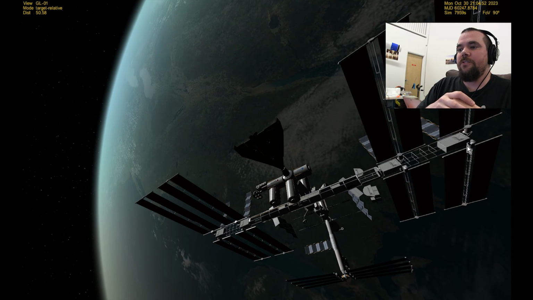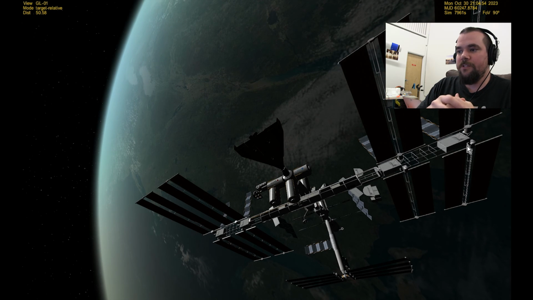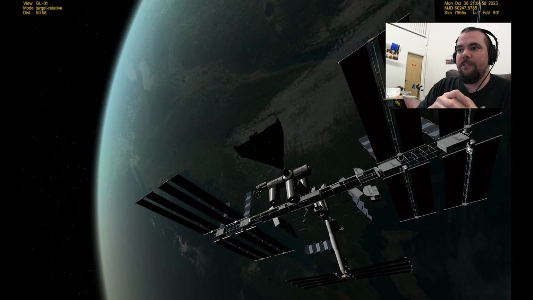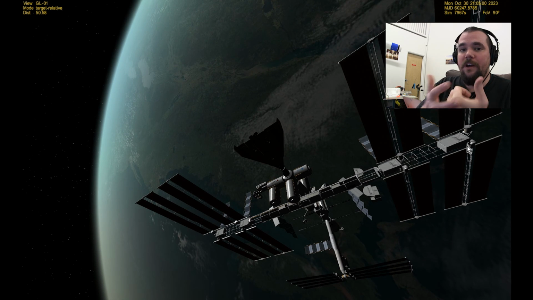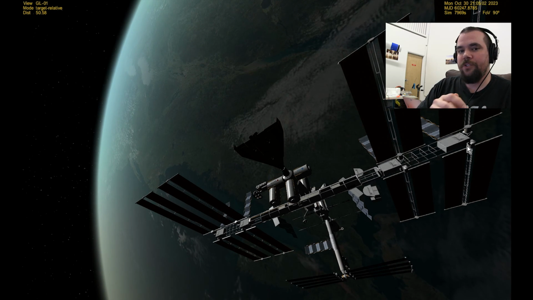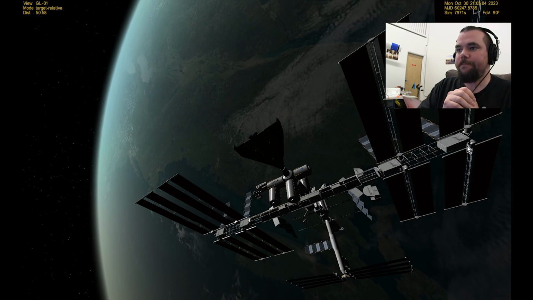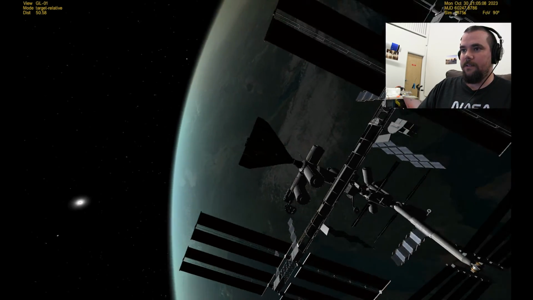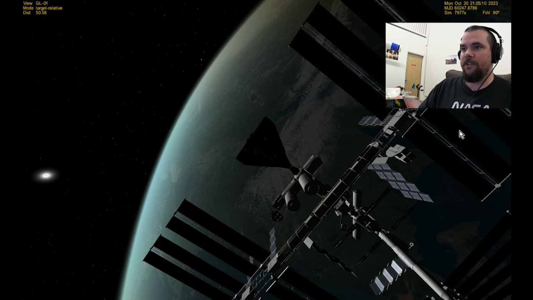And then as you're rendezvousing, you have to do a final burn to slow down, and then some final maneuvers to get in close enough, and then the docking procedure itself, which is going down that little runway. Okay, so that's pretty cool. We did that. And looks like the sun's about to go down.